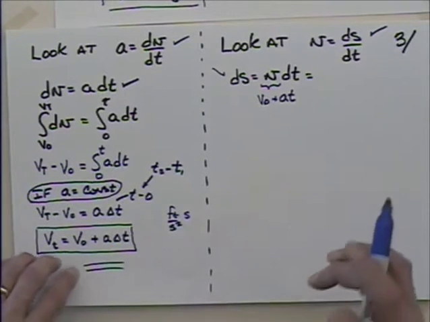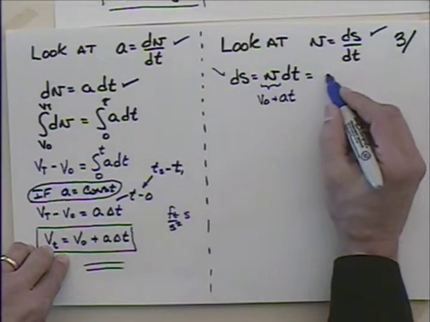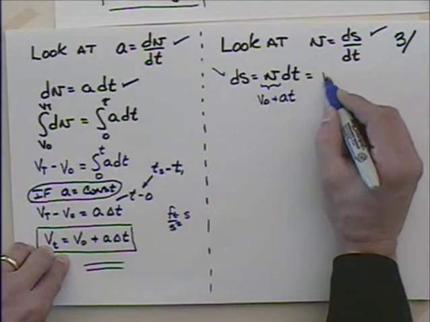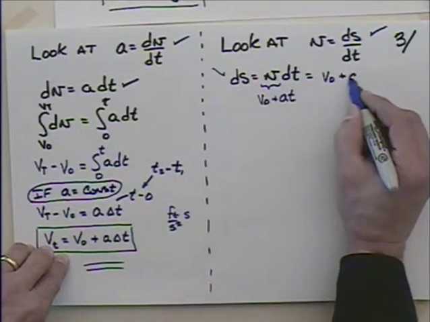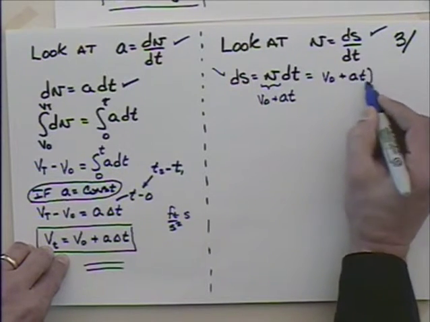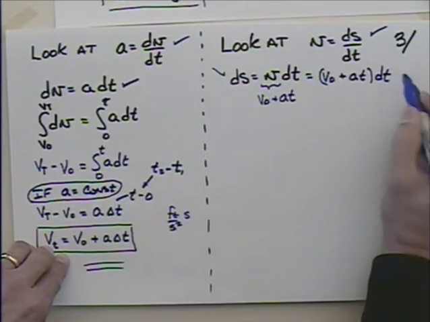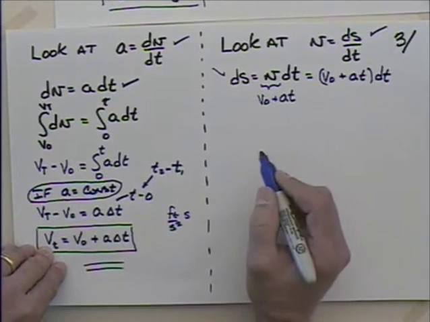So I could say then that I have that ds is equal to v naught plus a t dt. And now I'd like to integrate both sides of that.